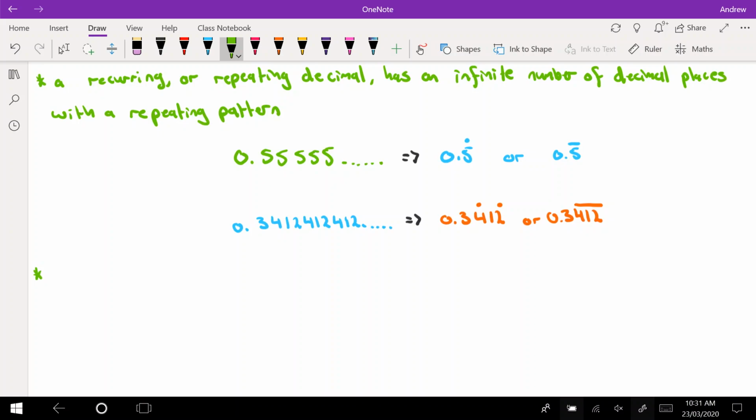But while we've come up, rounding decimals. So rounding decimals involves approximating a decimal number to fewer decimal places.